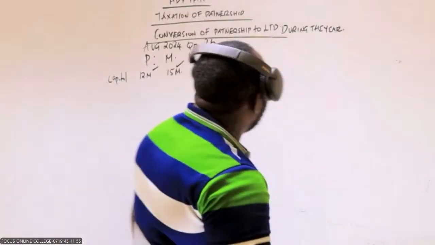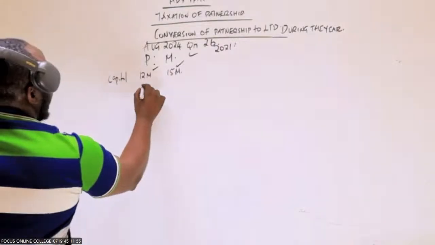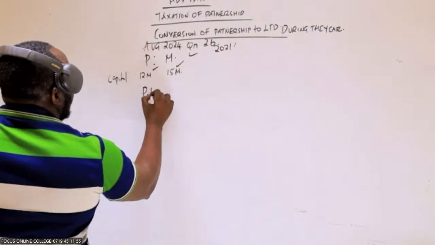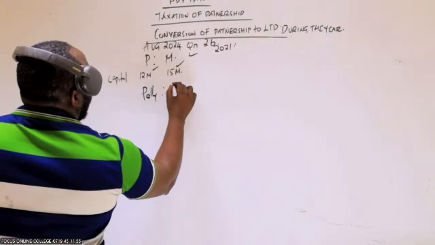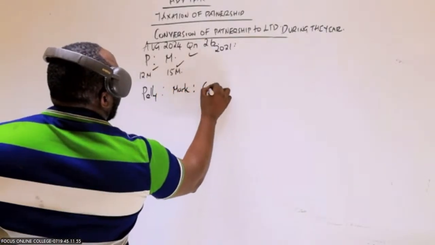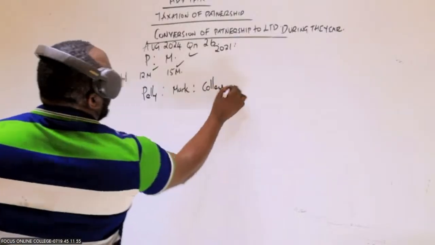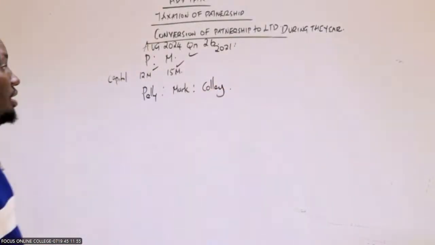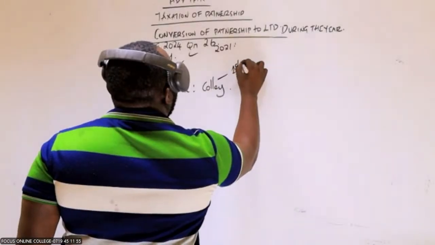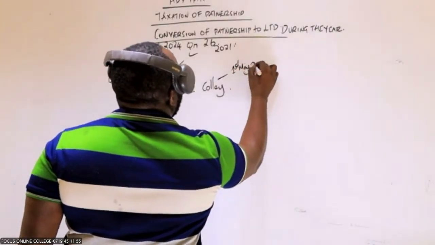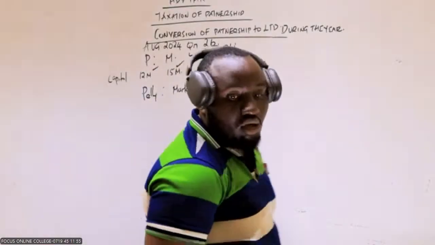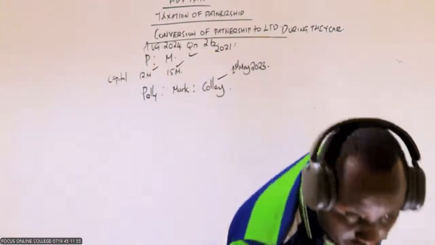So due to need for expanding, these people decided now to introduce the third partner. So we have Peli, we have Mark, and then we have the last that we call Colney. Are we together? And when was Colney introduced? That is on 1st May 2023. Is that noted?